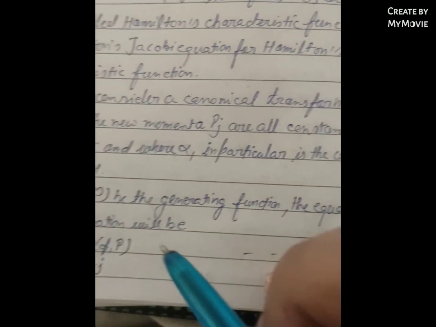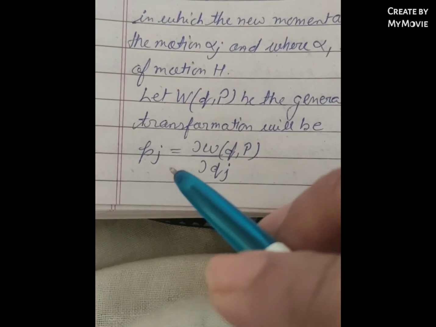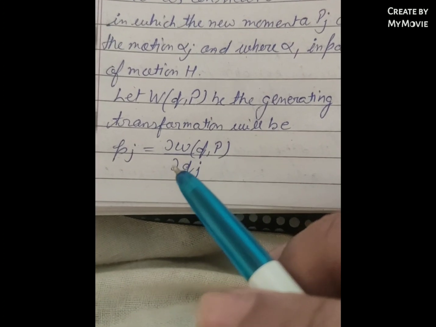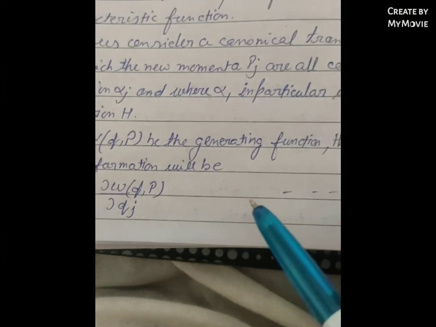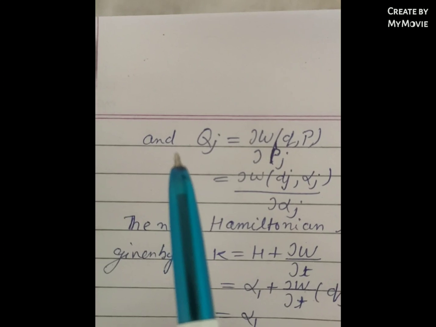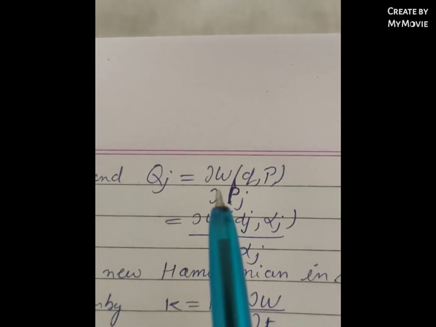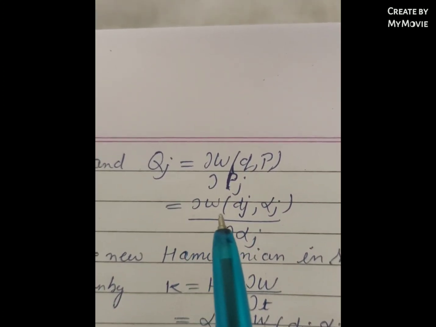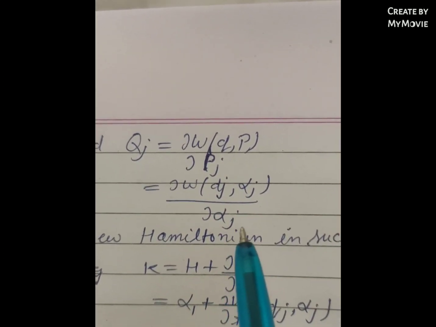The equations of transformation will be pj = ∂W(q,P)/∂qj, equation 2, and Qj = ∂W(q,P)/∂Pj = ∂W(qj, αj)/∂αj.